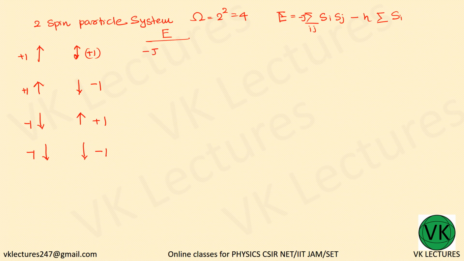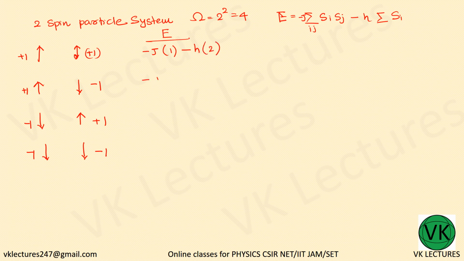What is Si Sj? This is plus 1 into plus 1, that is plus 1, then minus H into sum over Si, this is plus 1 plus 1, that is 2.